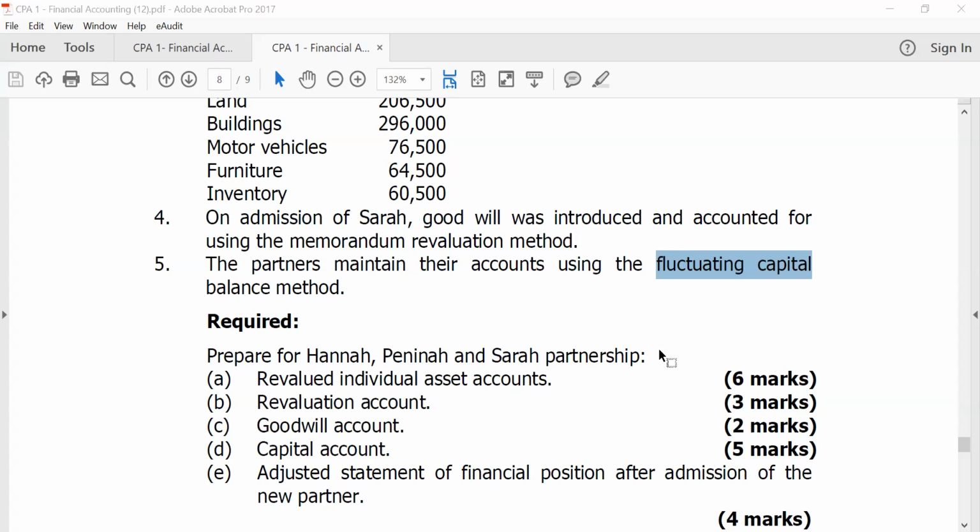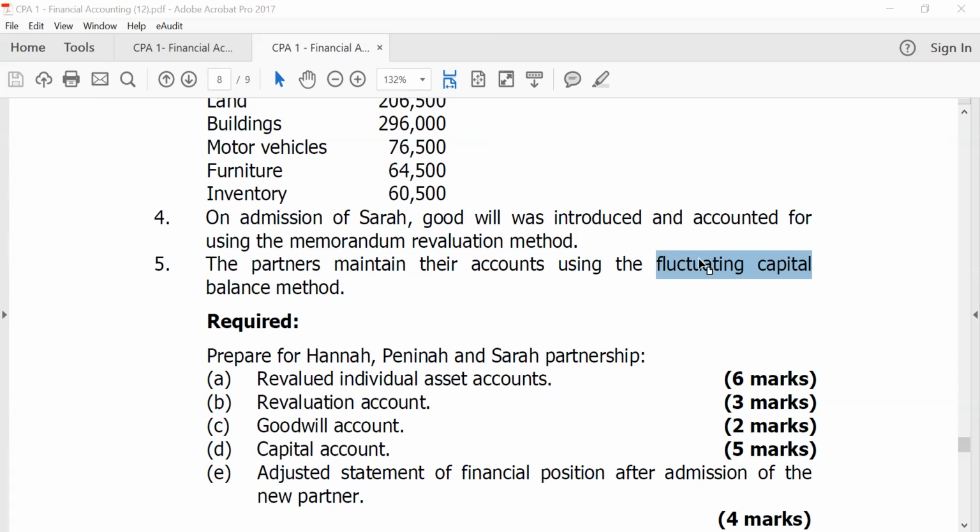Okay, as somebody comes through, I want to say that for the capital balance method, we have 2 methods: one is called fluctuating, sometimes they may also call it floating, and then we have what is called the fixed capital method.